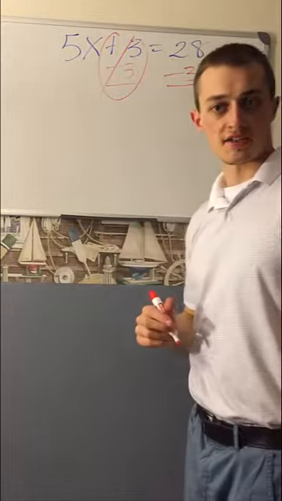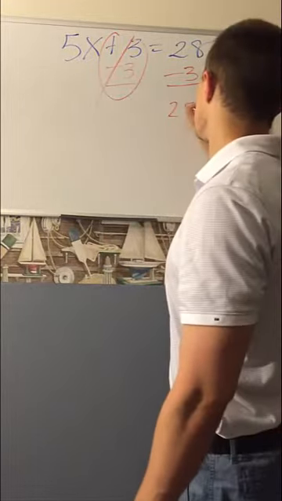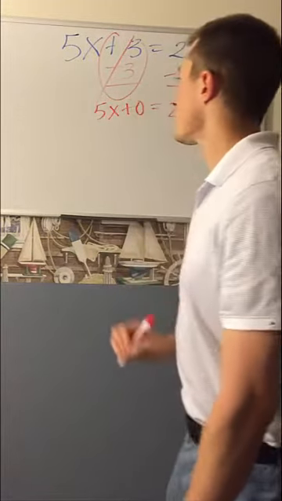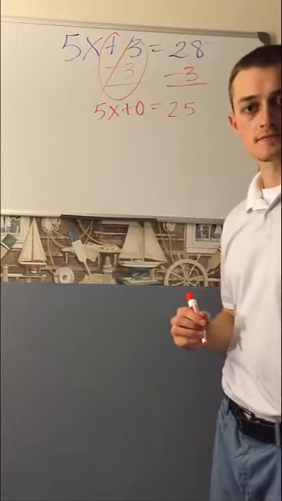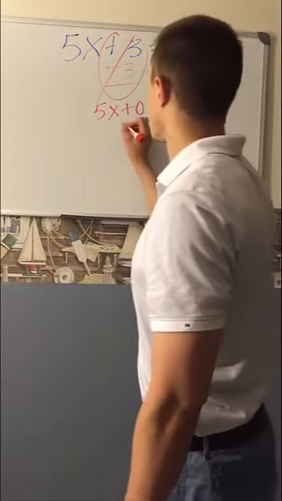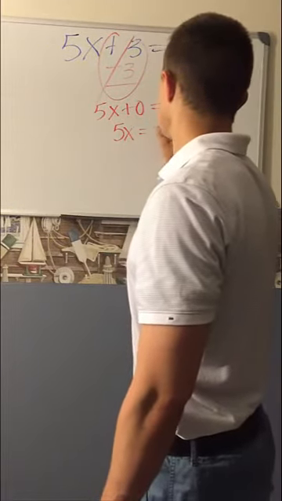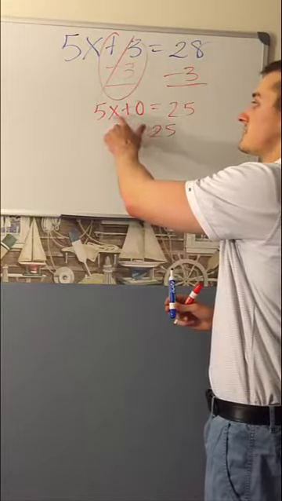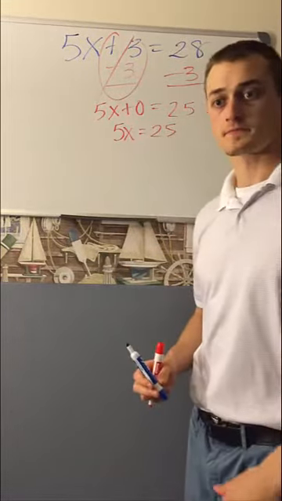And 28 minus 3 equals 25. So I have 5x plus 0 equals 25, or 5x equals 25. Because anything that you add 0 to is simply itself.